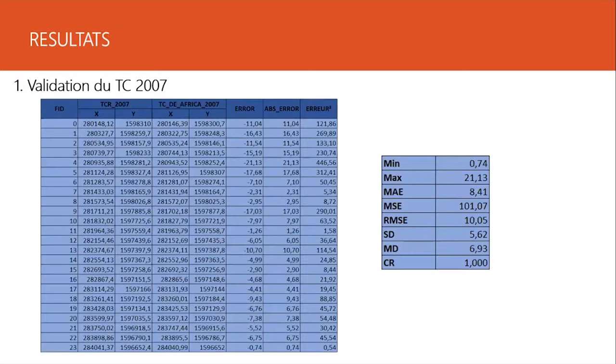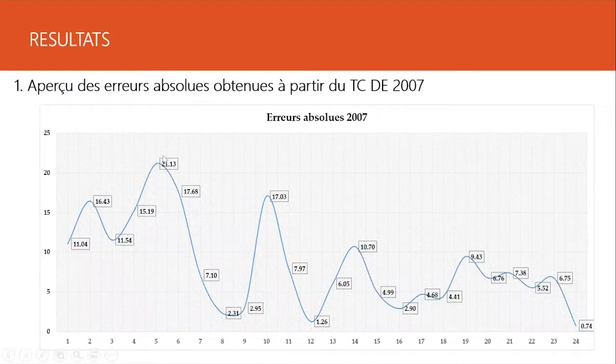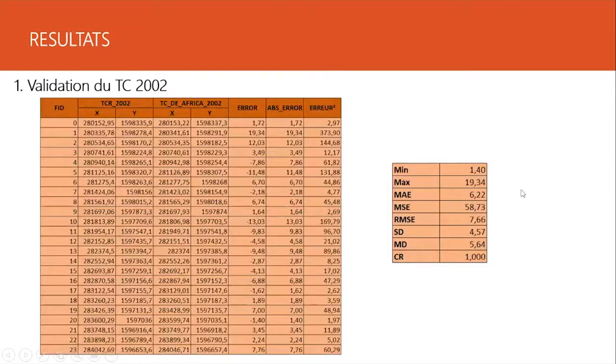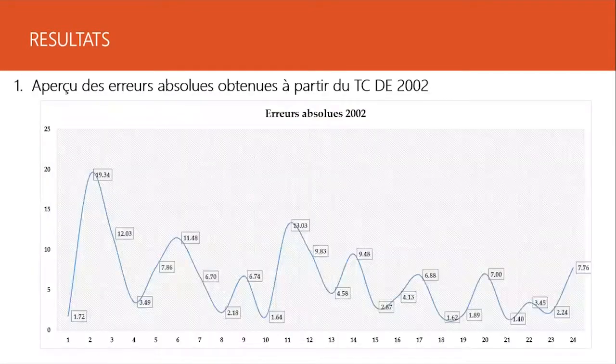If you go for 2007, you could see the highest was less than a pixel, at 21.13 meters, while the lowest was around 0.784. And for 2002, we could see the highest was almost 2/3 of a pixel, which was 19.54, while the lowest was around 1.40.